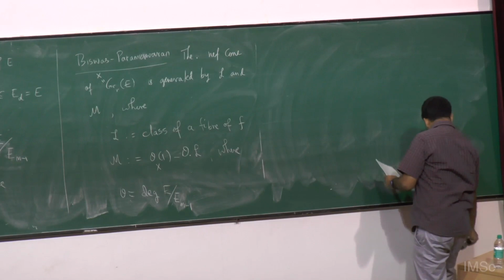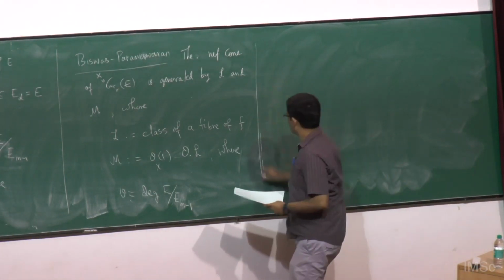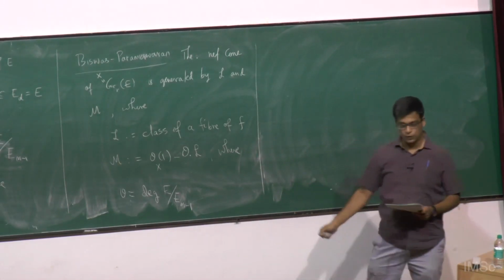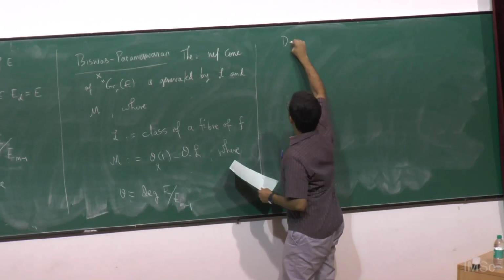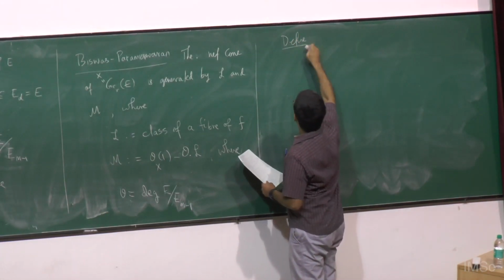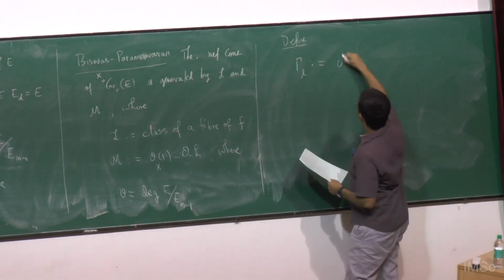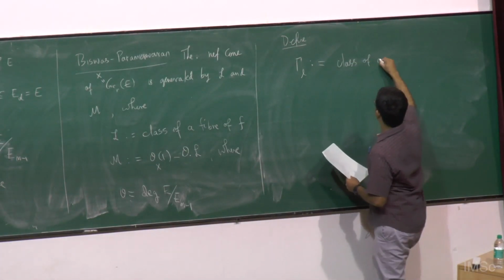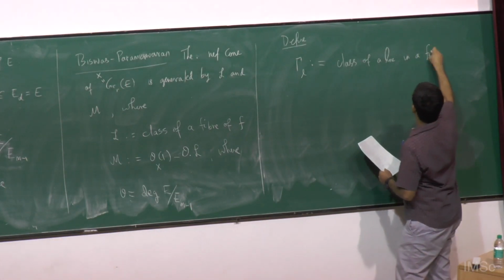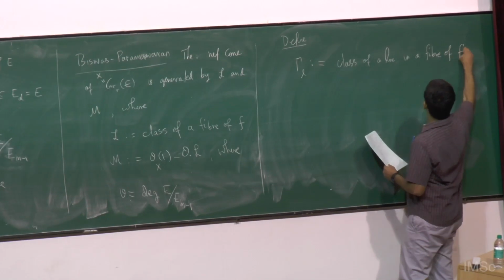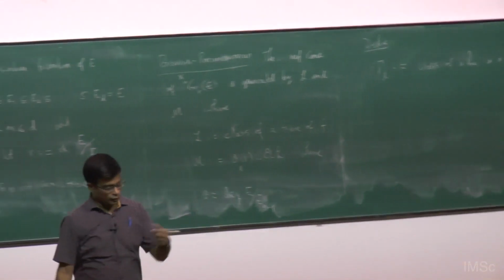Okay, and in order to do that, let us identify some curves on this variety X. The first one: define gamma_L to be the class of a line in a fiber of F. A fiber of F is a Grassmannian variety, so we take a line in that.